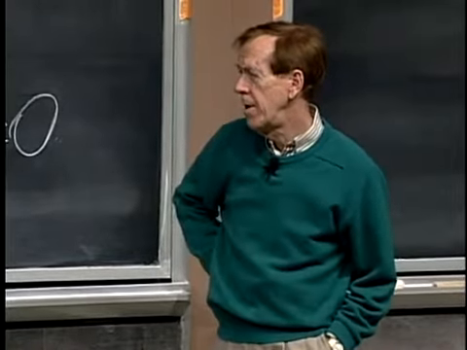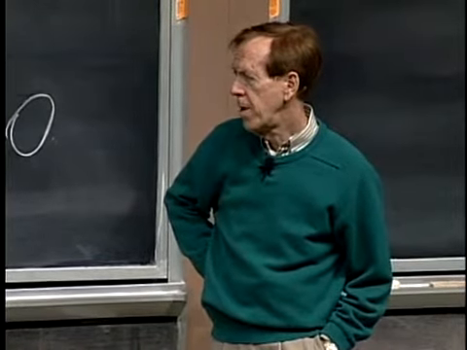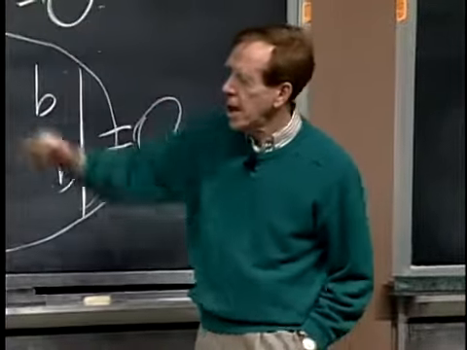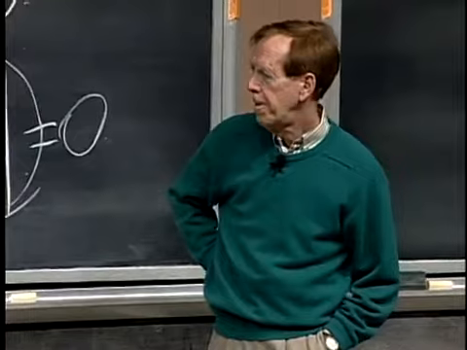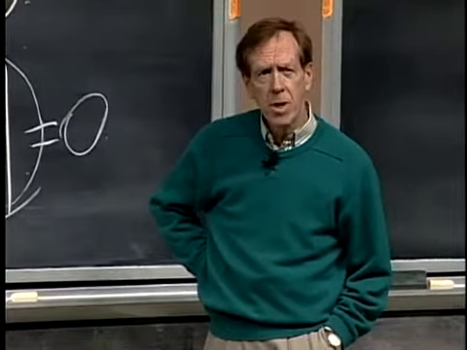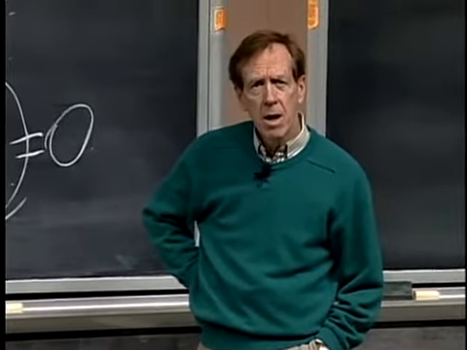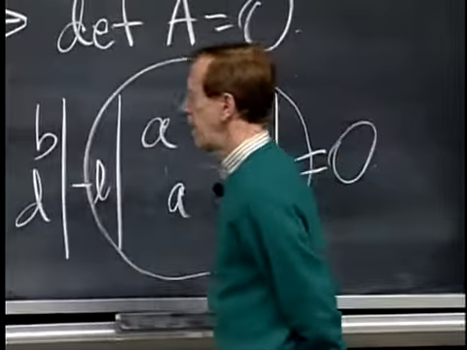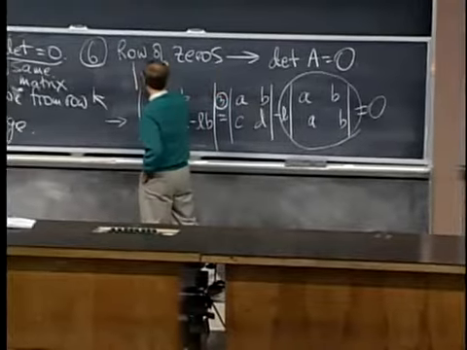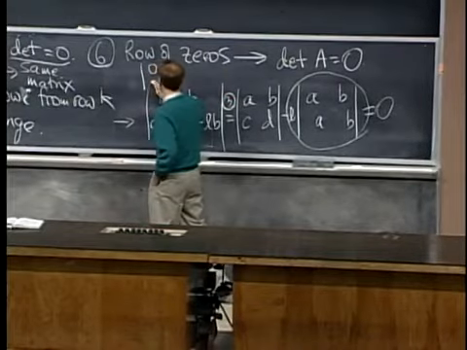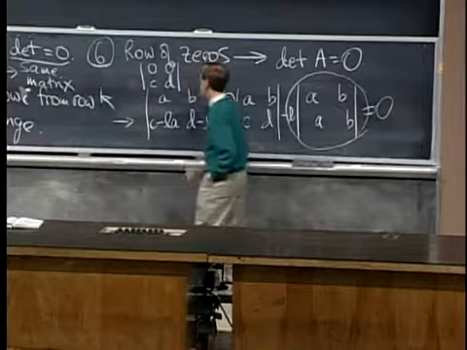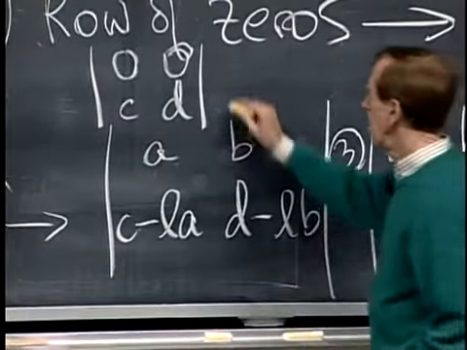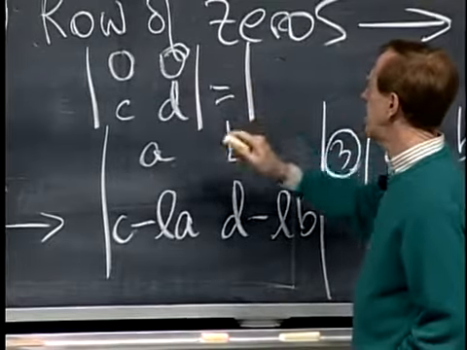How do I get that one from the previous properties? Because this is not a new law. This has got to come from the old one. So what shall I do? Yeah, that's brilliant. Use 3a with t equals 0. Right. So I have this 0, 0, C, D, and I'm trying to show that that determinant is 0. Okay. But 0 is the same as 5.